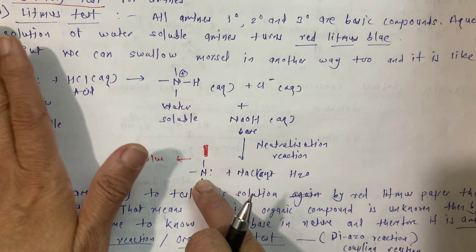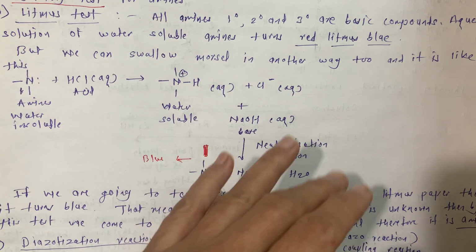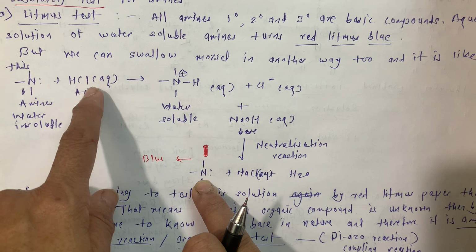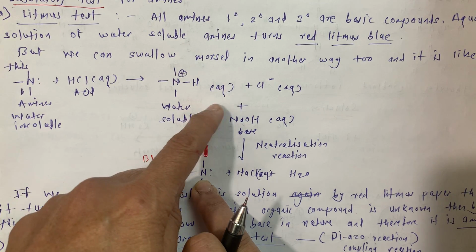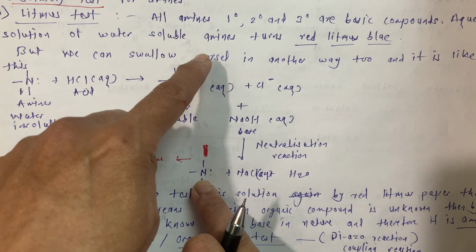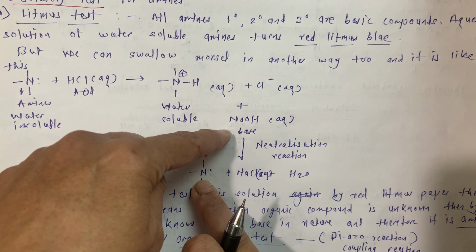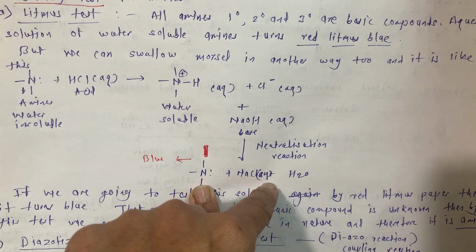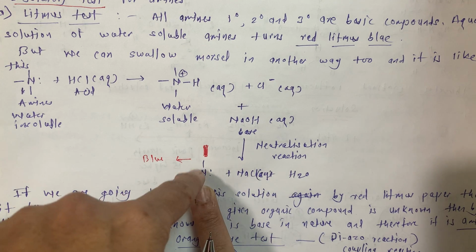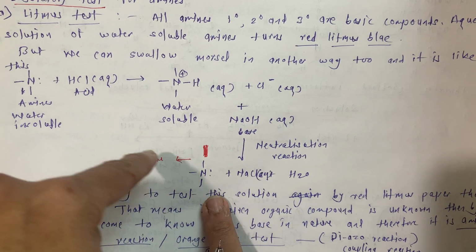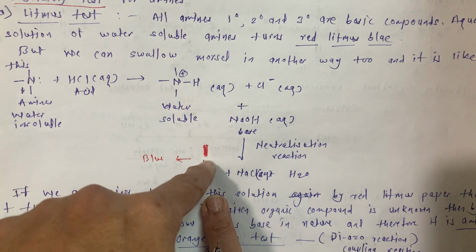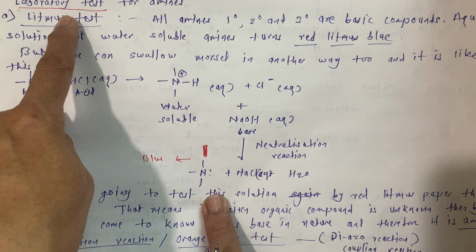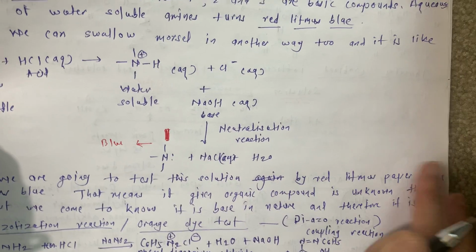But again, to understand all the chemistry about this basicity and acidity, we add aqueous HCl and then we have this mixture. In that mixture we neutralize with NaOH. After neutralization we get NaCl, which is also aqueous, and whatever compound is in it shows basic character, meaning red litmus turns blue. So this is known as the litmus test.